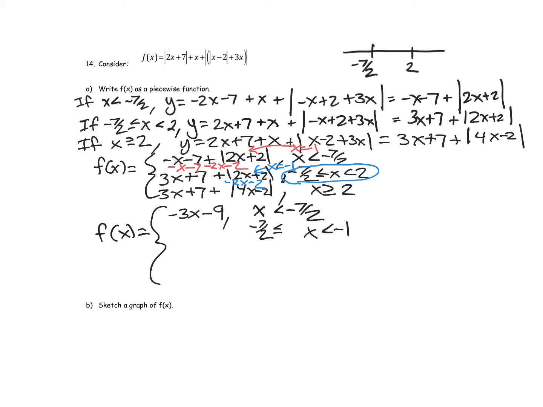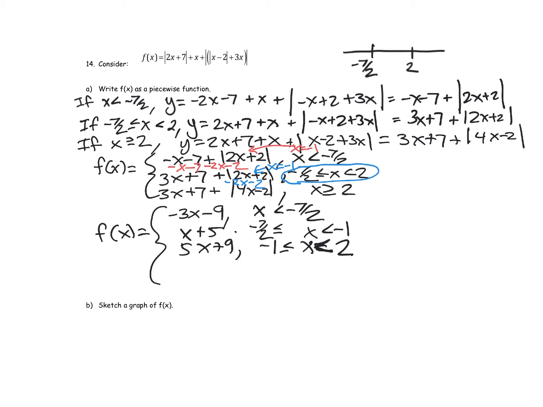It'll be x plus 5. Whereas when I'm between negative 1 and 2, not equals, 2x plus 2 just stays 2x plus 2 because the values I put in for x would make that positive. So I'll have 5x plus 9.